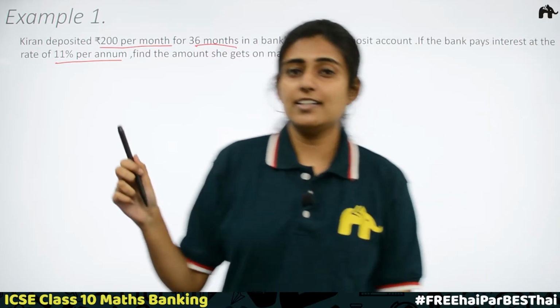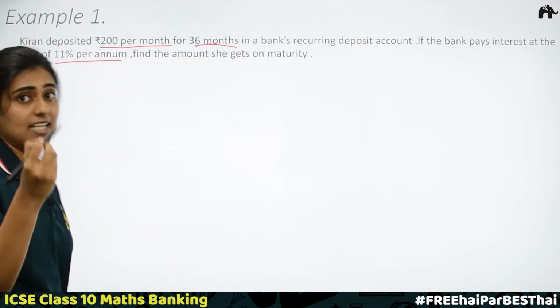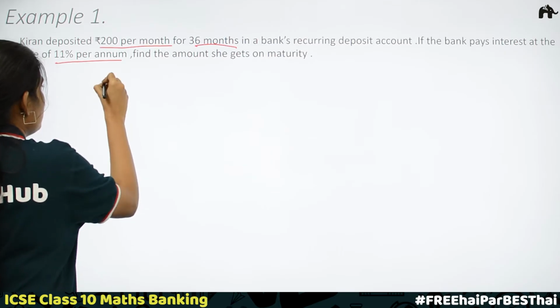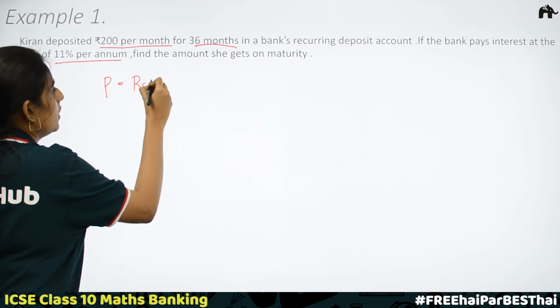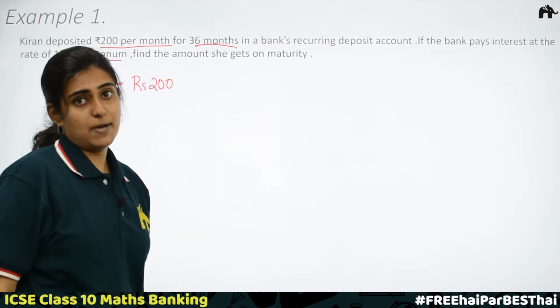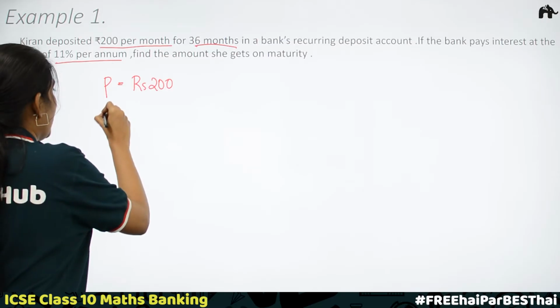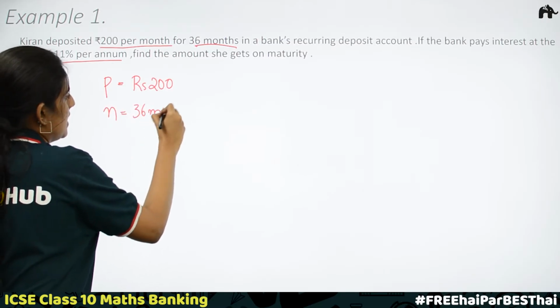So, what are the quantities given in this question? We have the monthly installment, that is the principal value, P is equal to rupees 200. Then for 36 months, N is equal to 36 months.